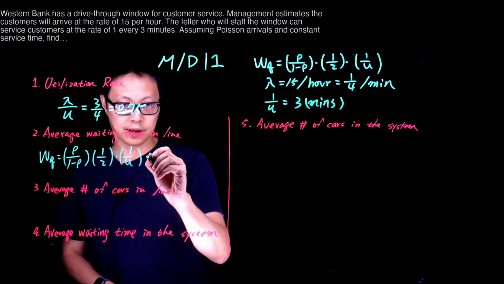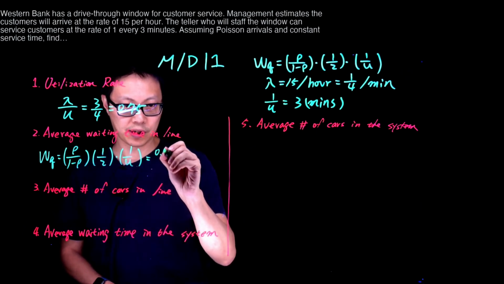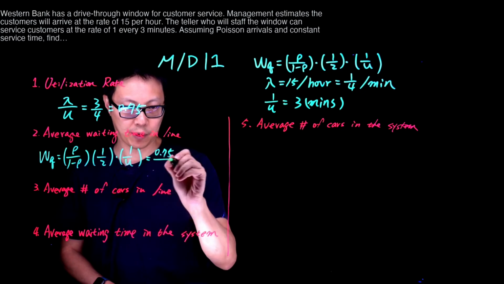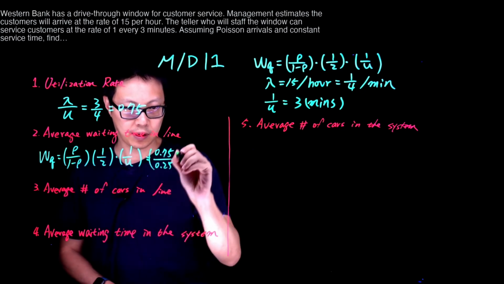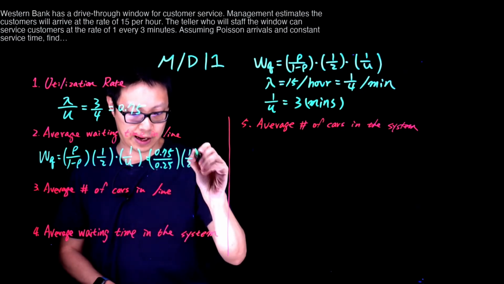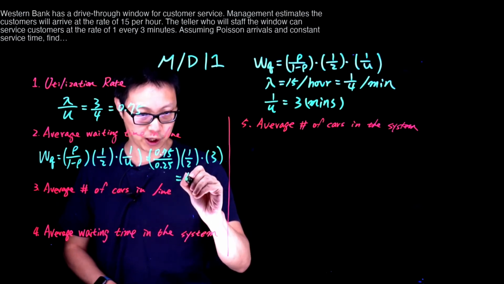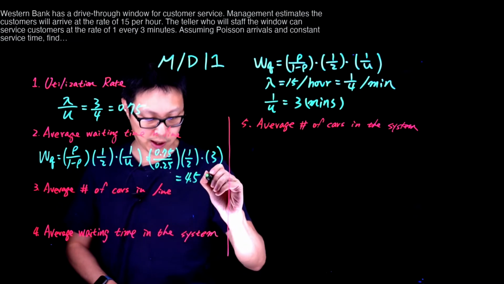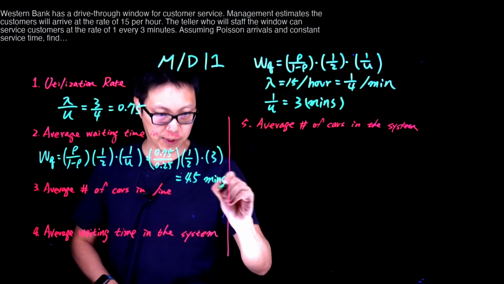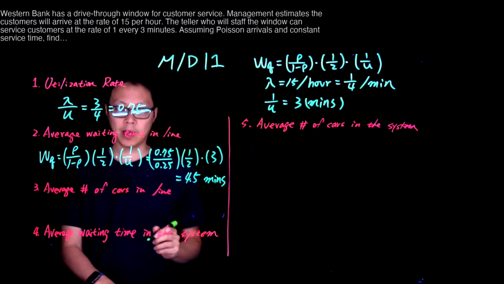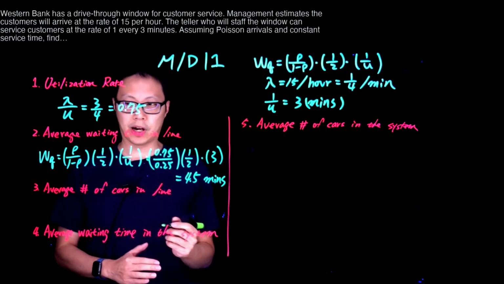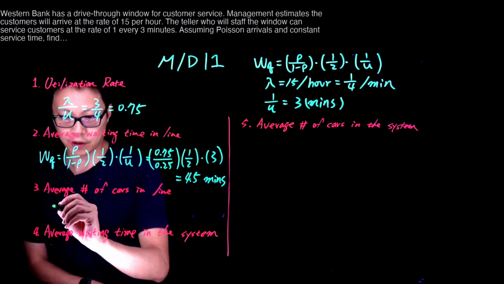In this case, it will be 0.75 divided by 0.25, half of that times 3. So everything here will be equal to 4.5 minutes. Okay, and the average number of cars in line, again, we use Little's law.